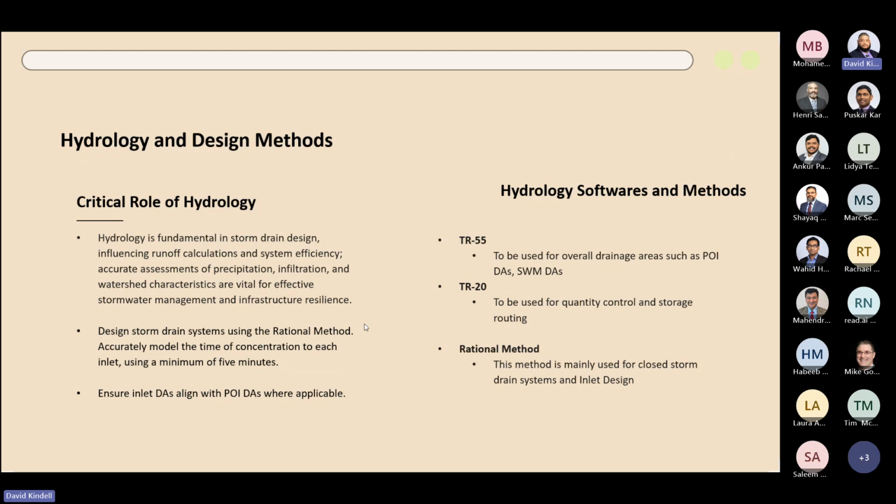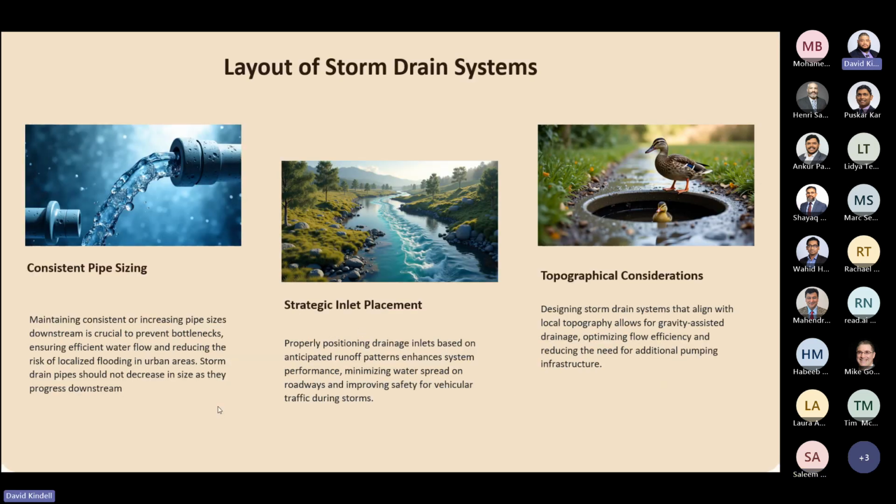Okay. Yeah, so for the layout of the system, the main thing really is consistent pipe sizing. Based on the flows you get from the rational method, you want to prevent bottlenecks.